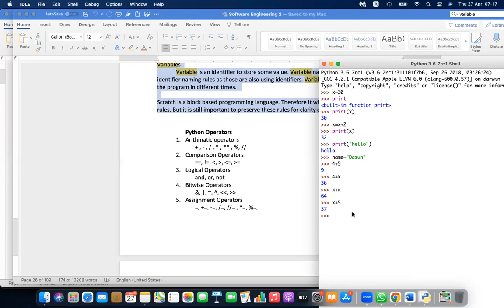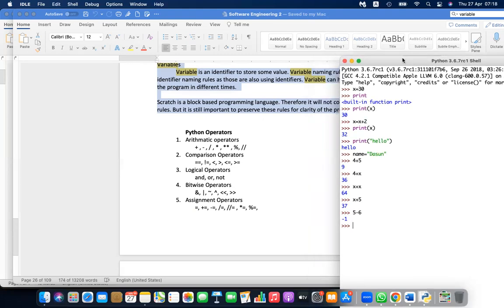Subtraction is also straightforward. But for addition, there is another thing that I need to mention. Addition can be used for concatenation too. So what is concatenation? Can you remember?